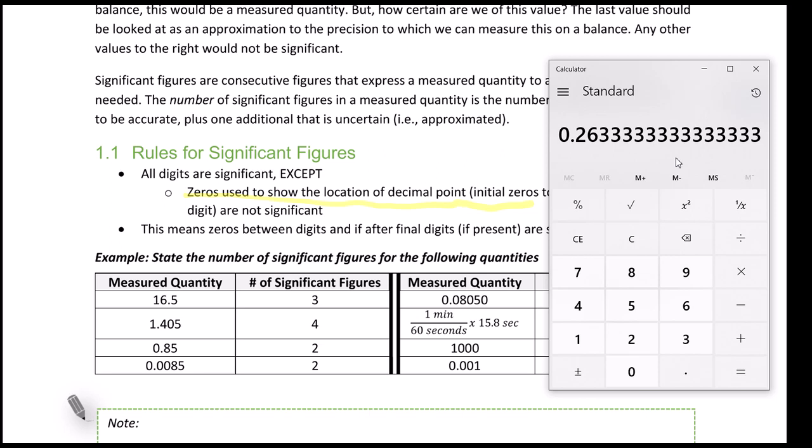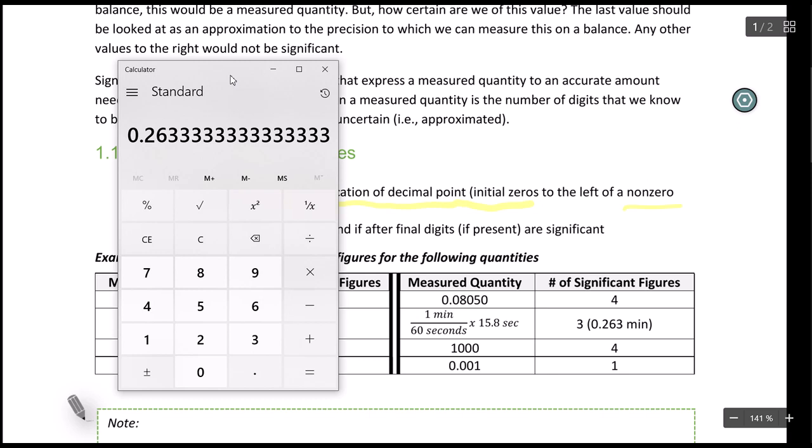How many significant figures am I looking at? Well, when you're multiplying, you're looking at the least number of significant figures that you have in your numbers. Now, some people will say, oh, well, 1 only has one significant figure, so I should be rounding this to one significant figure. It should just be 0.3.